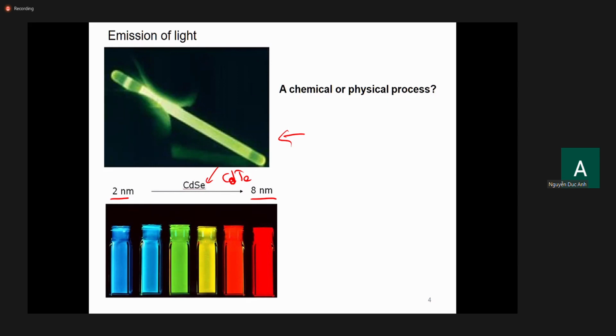But of course, this material is not changed, right? It's still gold, like the case of cadmium selenide here. Okay, so the emission of light, or even other effects, sometimes it's not really a process of changing the chemical properties.